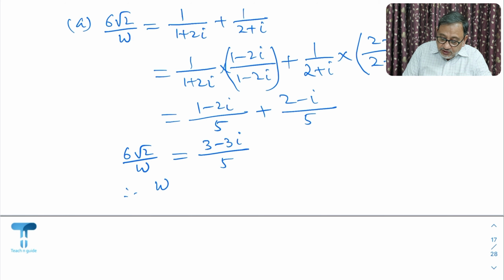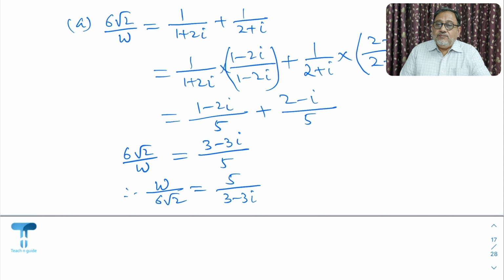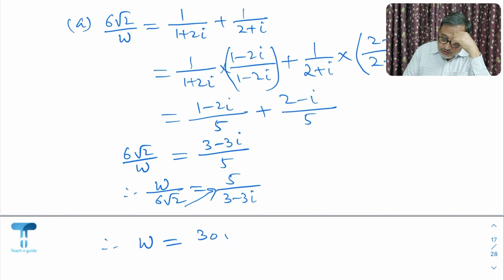So therefore w over 6 root 2 is 5 over 3 minus 3i. Yeah, are you following me? So therefore w is equal to, this will go there and multiply. So 6 5s are 30 root 2 over 3 into 1 minus i. So this will be 10 root 2 over 1 minus i.